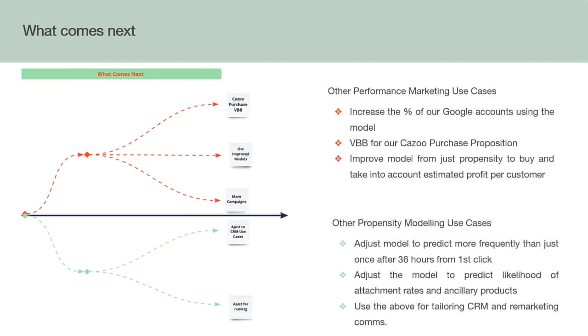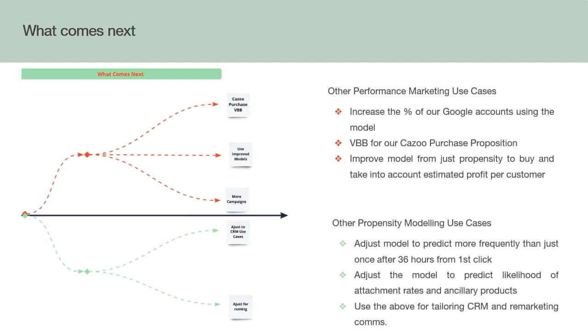In terms of customer propensity modeling, there are a few more things we can do as well outside of the realms of Google Ads. Currently, we only predict the likelihood of someone converting once, and that's after 36 hours of their first click.